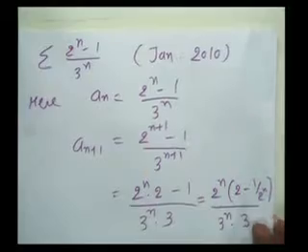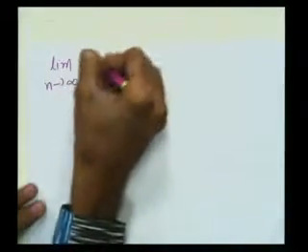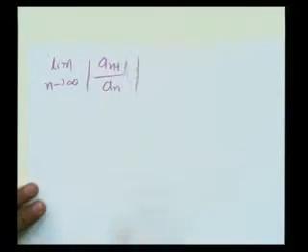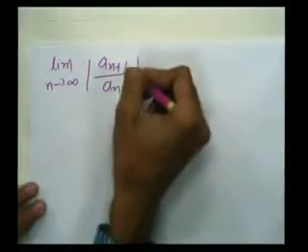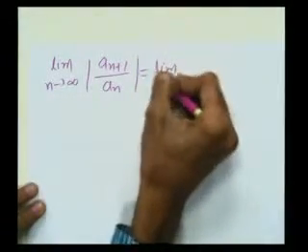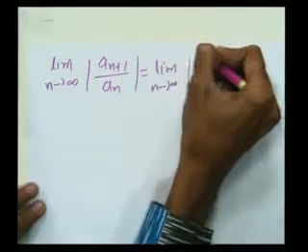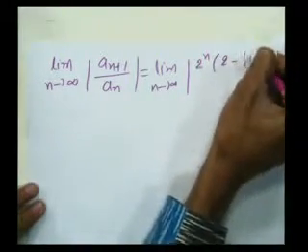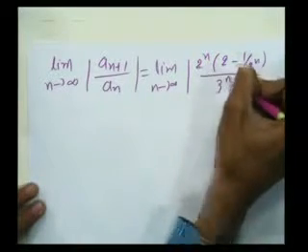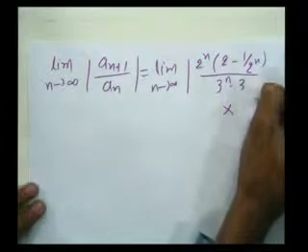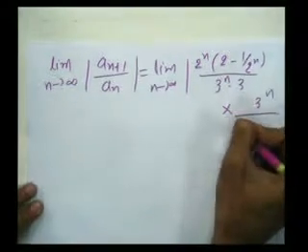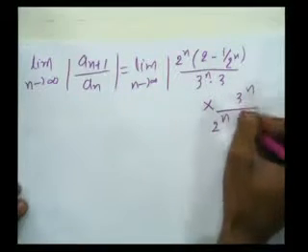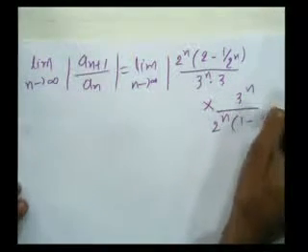Then if we take the limit as n tends to infinity of the modulus of aₙ₊₁ upon aₙ, it is equal to the limit of 2ⁿ(2 − 1/2ⁿ) upon 3ⁿ·3, multiplied by 3ⁿ upon 2ⁿ(1 − 1/2ⁿ).